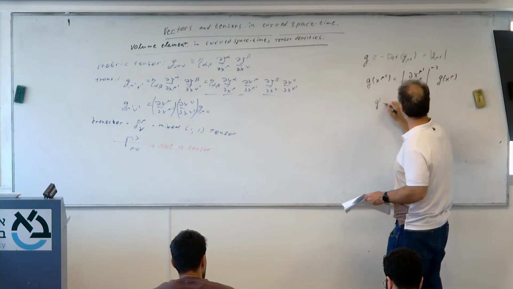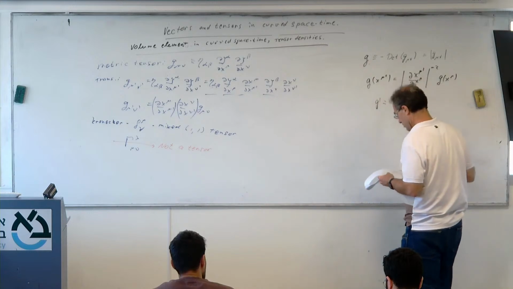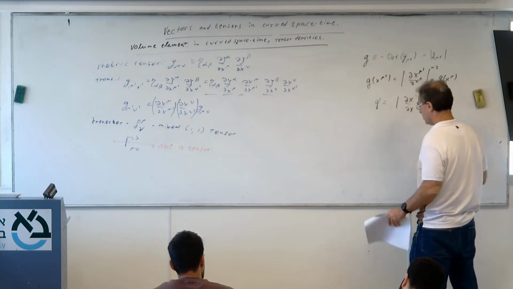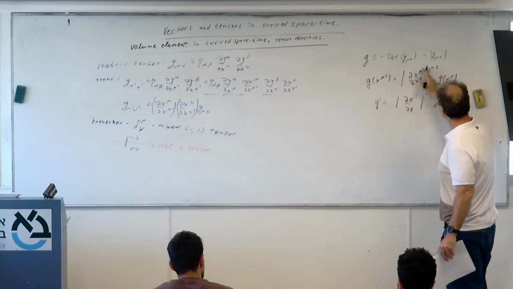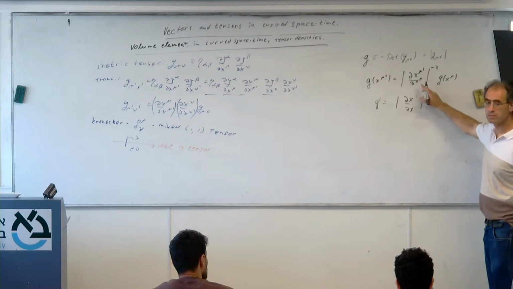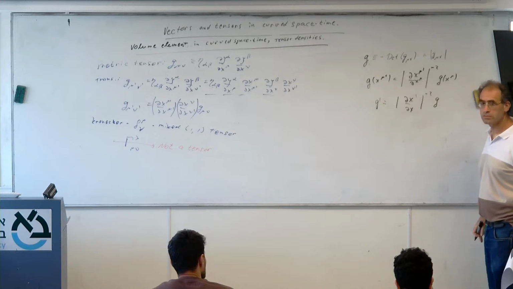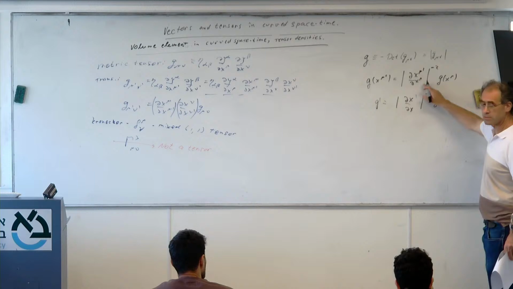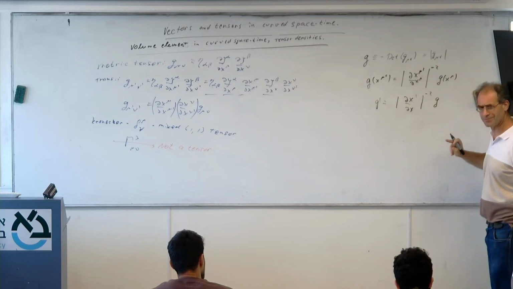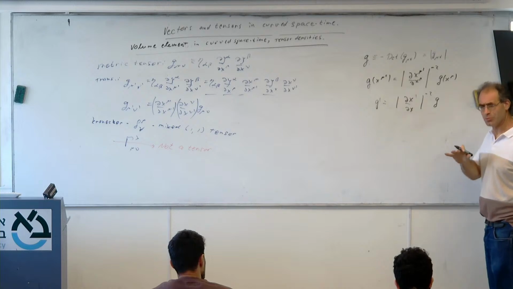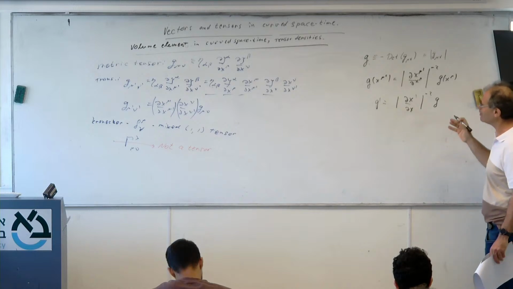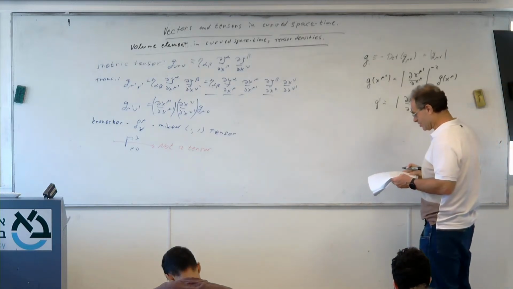Or g prime is dx prime over dx to the minus 2 times g. What is this dx prime over dx? Delta ij? No, this is the Jacobian, right? You know what the Jacobian is from your linear algebra courses, right? We even had it here. This is the Jacobian.